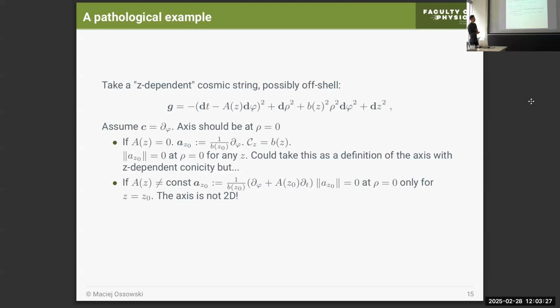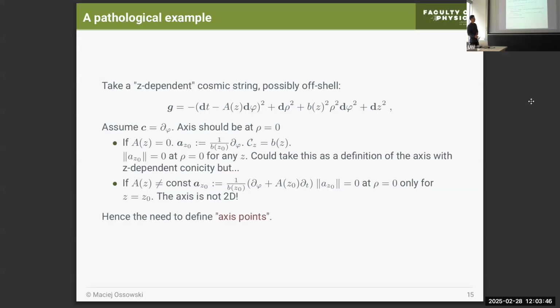So it's not possible to just live with this condition. By this I mean that we define the axis not as something that would resemble an extension of a two-dimensional manifold, but we just talk about the axis points. Hence the need to define axis points.